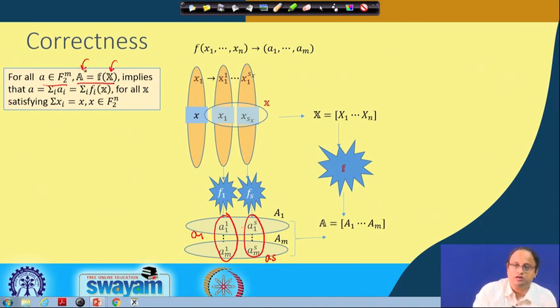This output share is indicated as a or mathcal a, and this implies that a equals sigma ai. That means if I add up the output of each of these functions for all these input shares, then I should get the output a.